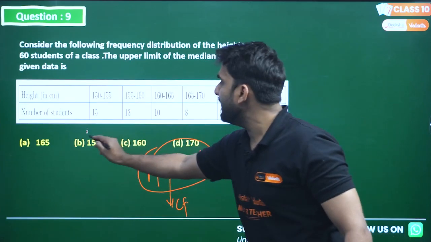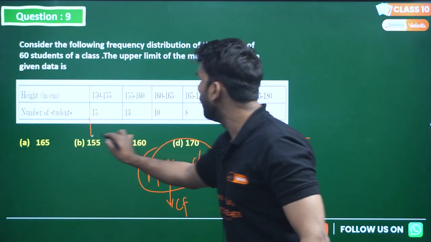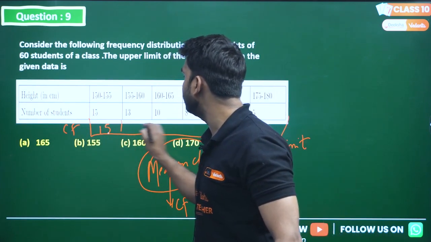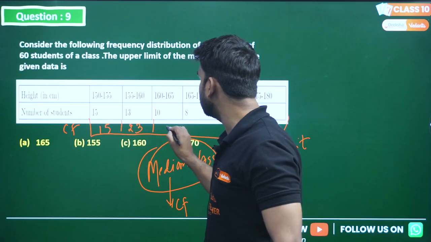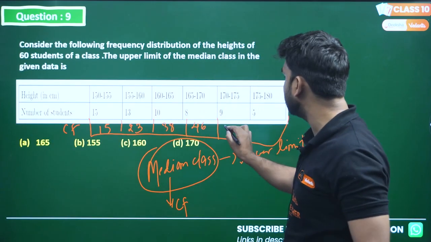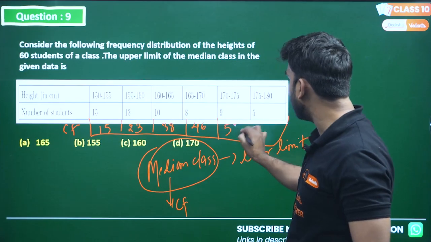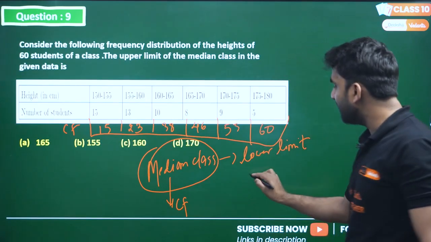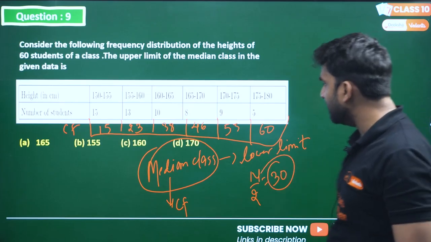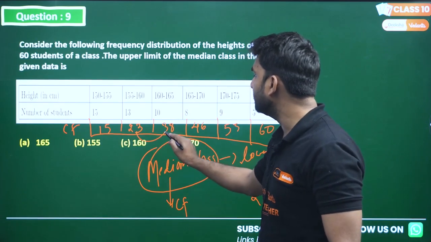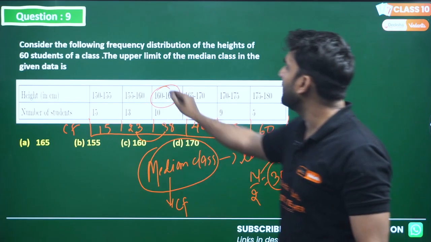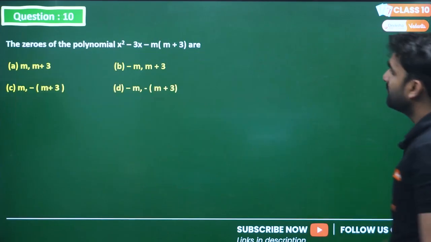So go and make one more table here, and that will be of CF. So by adding the frequencies, 15, and this will be 28, this will be 38, and this will be 46, and 9 will be 55, and wow, 60 is there. Now divide n by 2. So n by 2 is 30, right? So where is 30 lying? So 30 is lying between 23 and 38. So this will be the median class. So what is the lower limit? Lower limit of median class will be 160. Answer.